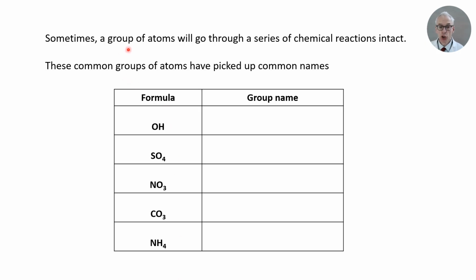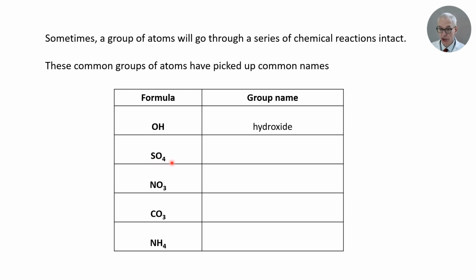Sometimes a group of atoms will go through a series of chemical reactions and remain as that group intact. So these common groups of atoms have got some common names. So you possibly will recognize them from formulae you are familiar with. The OH group, that is known as the hydroxide.